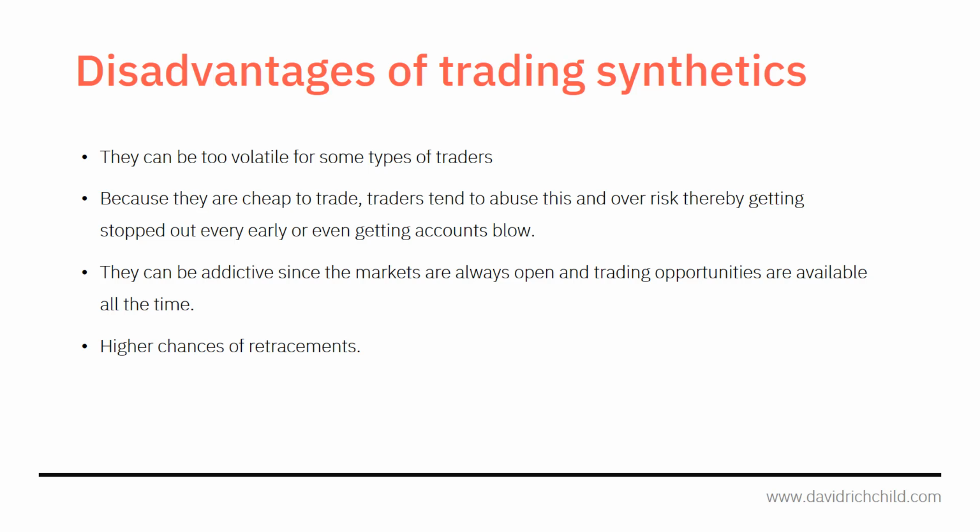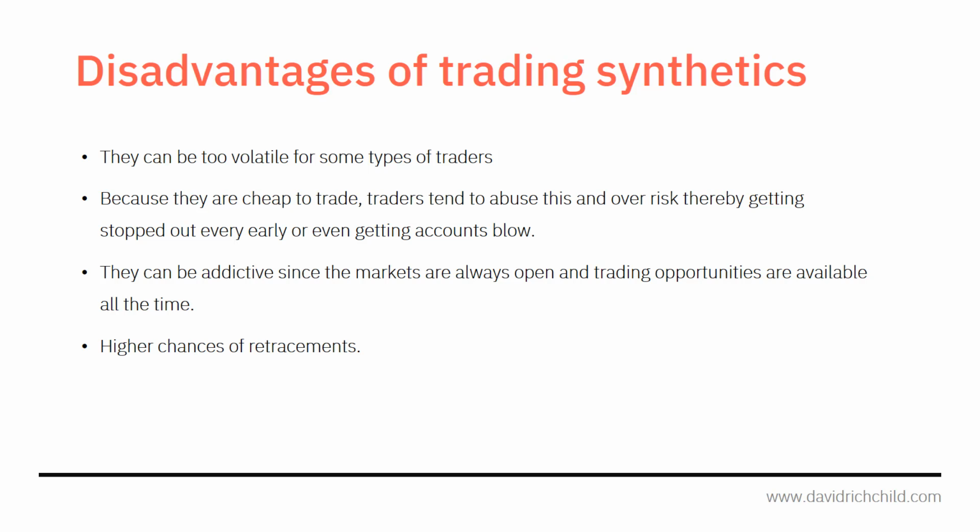You see that these traders sometimes get stopped out because the VIX, or the volatility indices, or the synthetic indices, move very quickly. Because they are cheap to trade, traders tend to abuse this and over-risk, thereby getting stopped out very early, or even getting accounts blown.